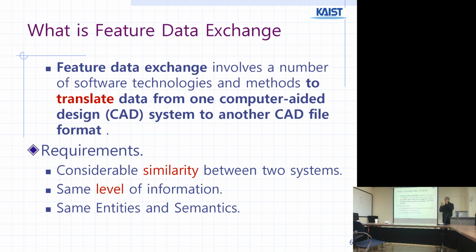Between, I don't know, German or Italian and French is easier, right? Than German and Korean. Right. So similarity is different, right? Same level of information, usually the level is similar. But if you go back, say, 1,000 years ago, then the level of information can be different.